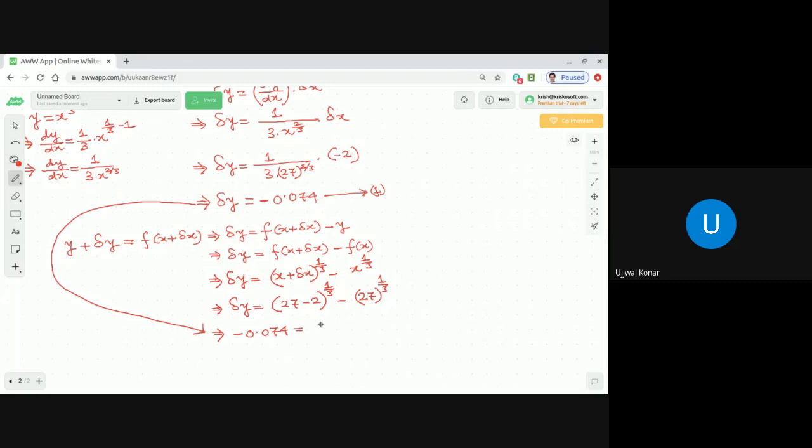That is equal to 27 minus 2 power 1 by 3, which is 25 power 1 by 3, minus 27 power 1 by 3, which is nothing but 3. Correct? It is 3. So from here what we get? The approximate value of 25 power 1 by 3 is equal to 3 minus 0.074.